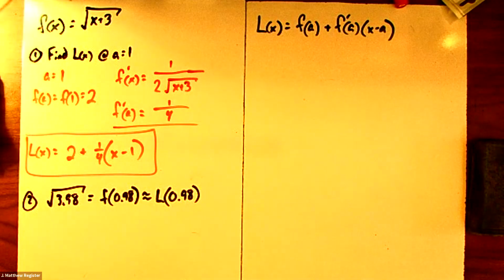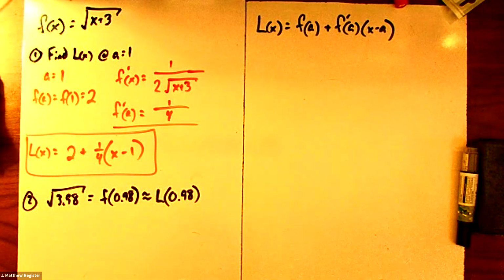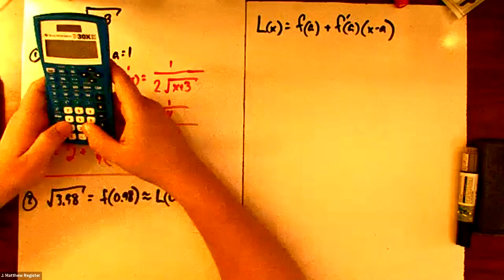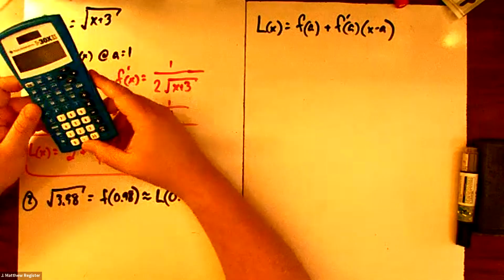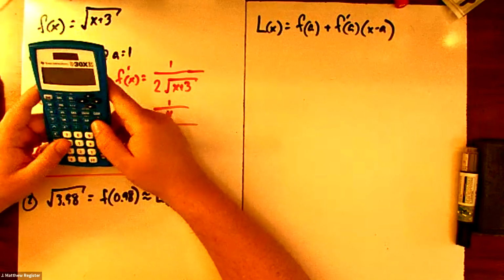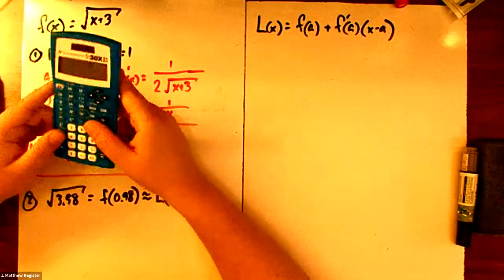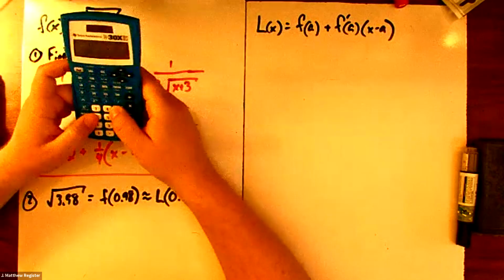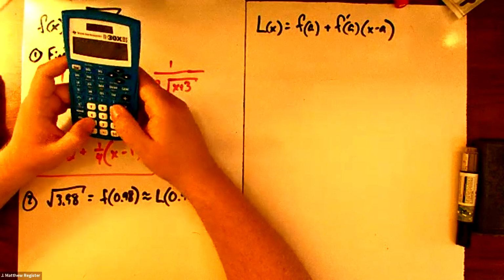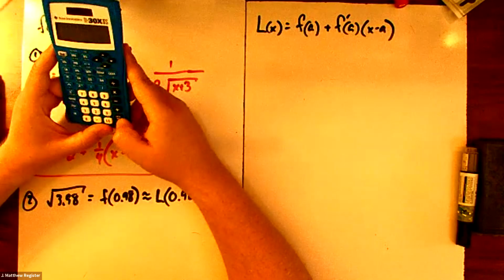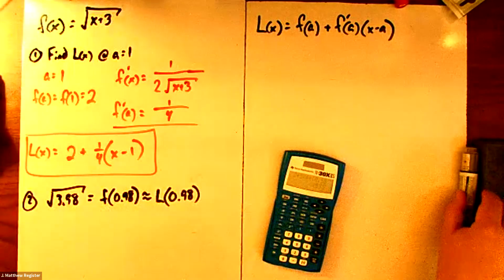And with that, we could just go to a handy dandy calculator. Handy dandy calculator says 2 plus 1/4 times, and then it's going to be 0.98 minus 1. And I end up getting 1.995.